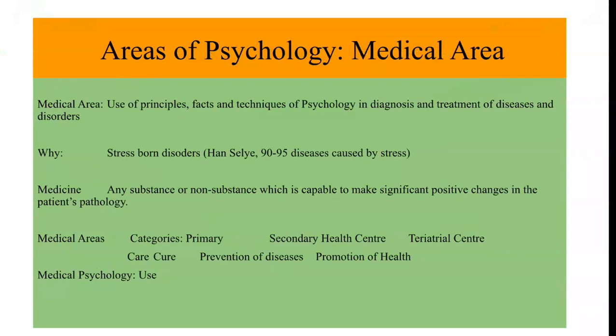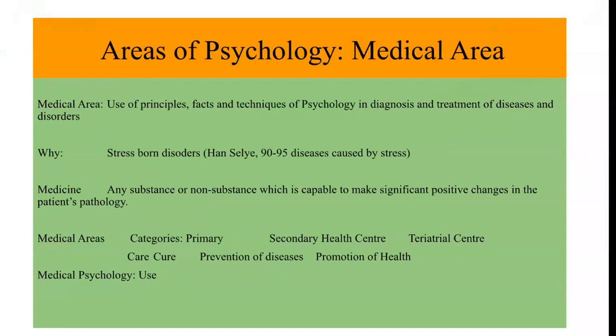There are three medical areas where psychology is used. The primary medical area is where the doctors are available for consultation and where tests can be done. It is basically an OPD area where patients come and go.